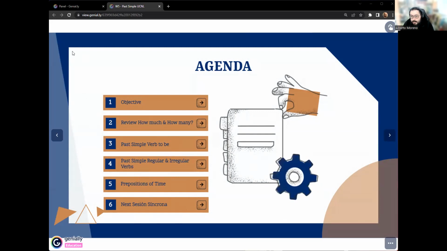Chicos y chicas, la agenda para el día de hoy, comenzamos con el objetivo, seguido de un repaso de how much y how many. También vamos a ver lo que es el pasado simple para el verb to be, el pasado simple para verbos regulares e irregulares, las preposiciones de tiempo y pues bueno, lo que haremos la próxima sesión síncrona. Vamos a comenzar.